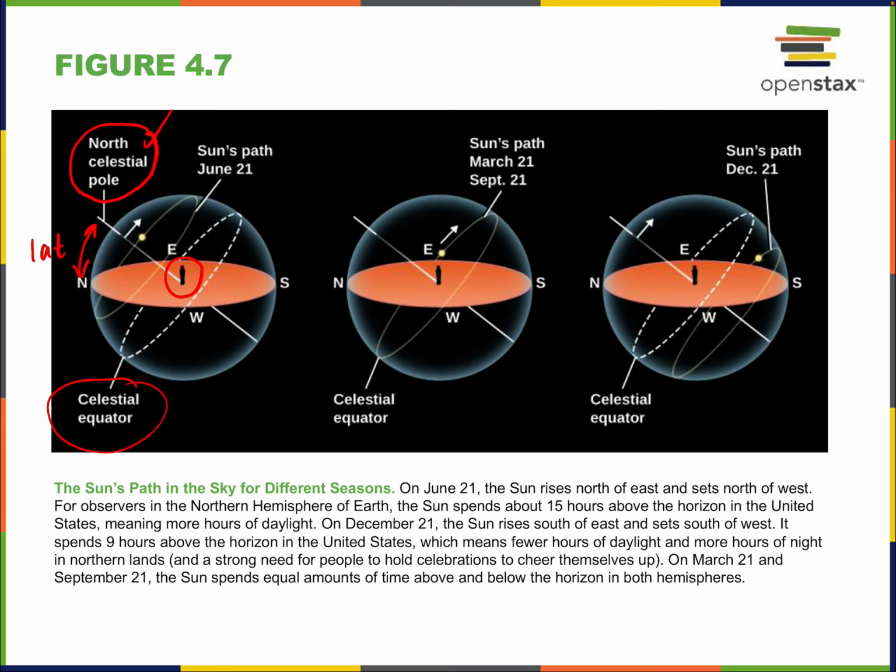And you can also think about the sun's path through the sky. And this goes back to seasons. So in June, where we're in the middle of summer, we see that the sun takes a path where it goes very high overhead. It essentially reaches the zenith of the local sky, and it spends a lot of time in the sky, right, with a very high path. In March, the location of the sun never gets as high. It's never directly overhead.